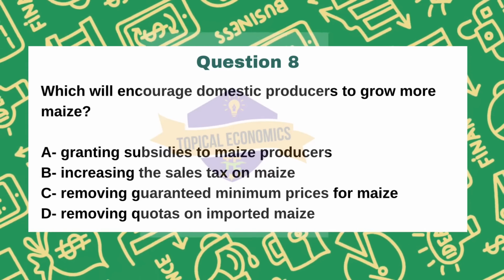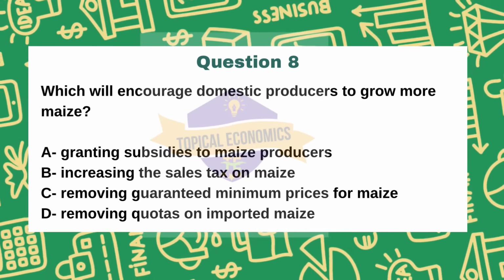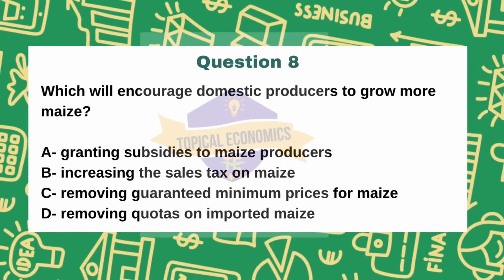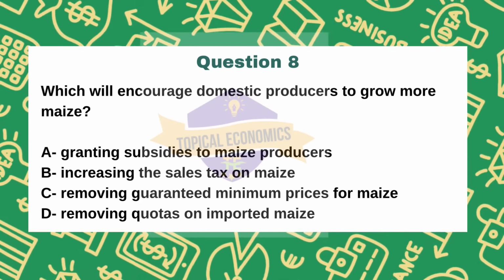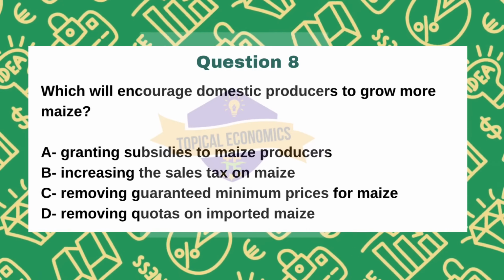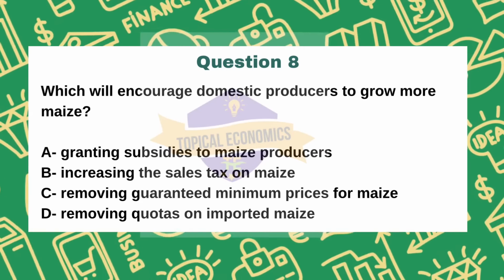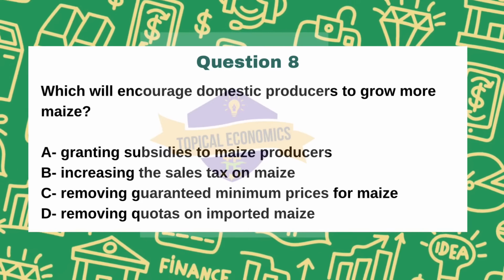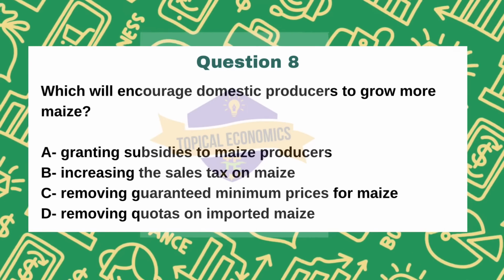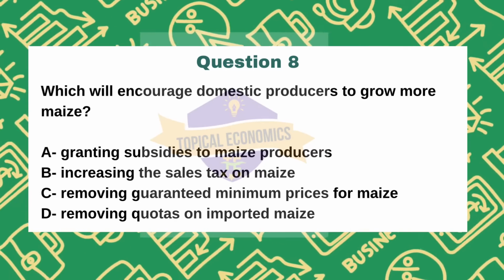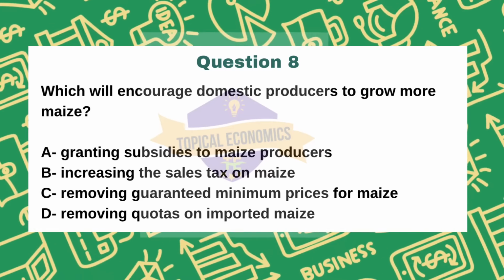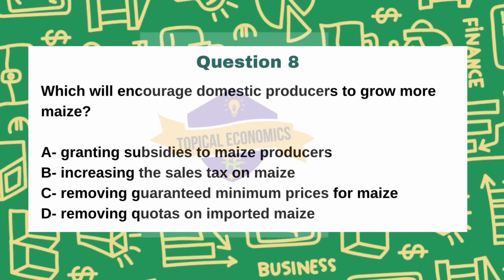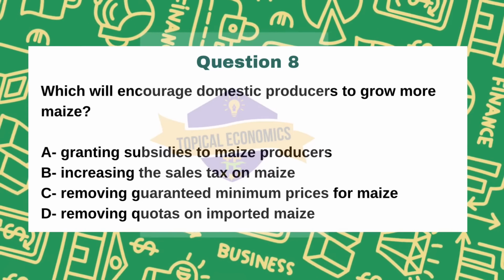Subsidies provided to maize producers lower their production costs, making it more profitable to produce maize. This incentive encourages domestic producers to increase their output to take advantage of the financial support. Analyzing the other options. Option B, increasing the sales tax on maize, would likely decrease demand for maize because it raises the price for consumers, which could discourage producers from growing more.